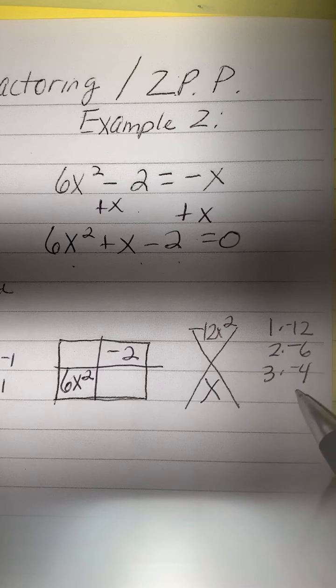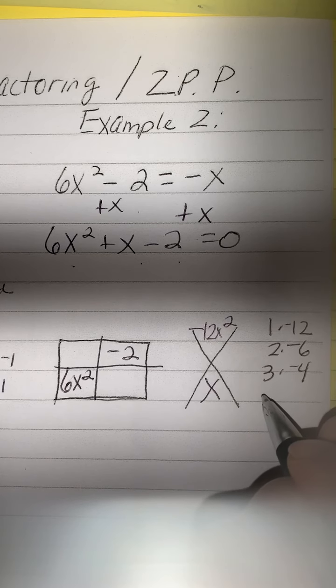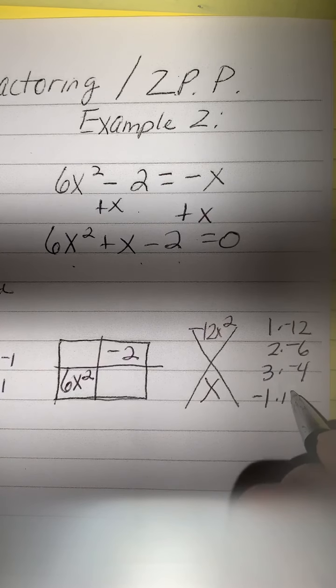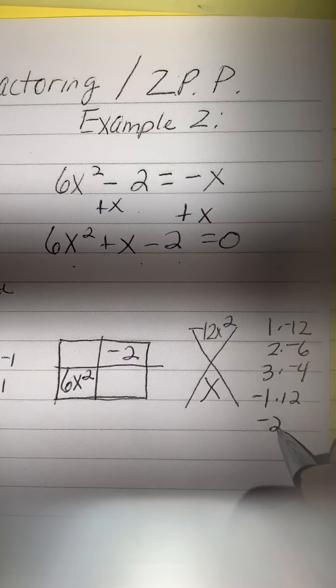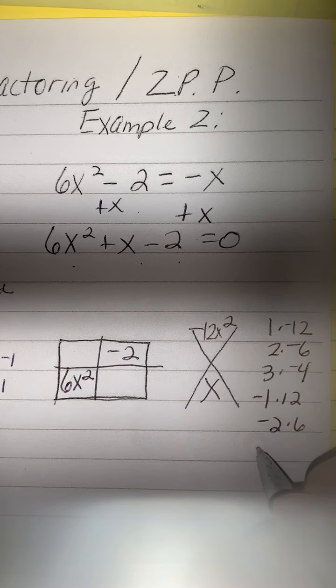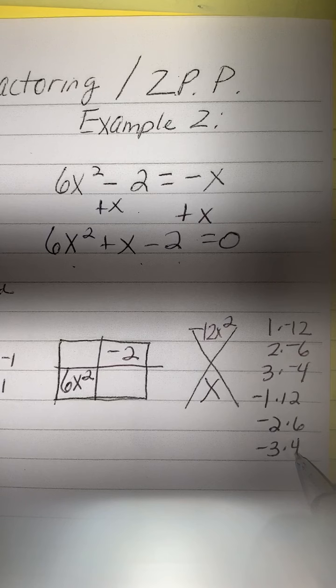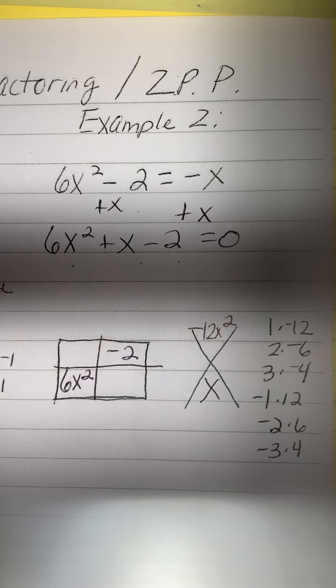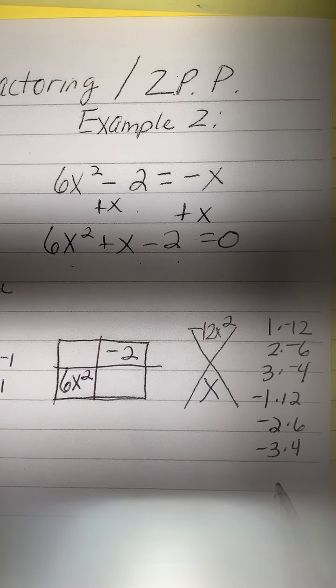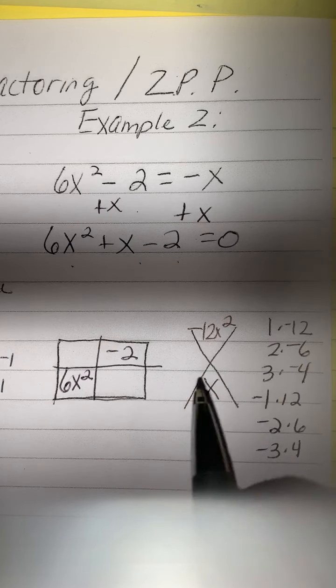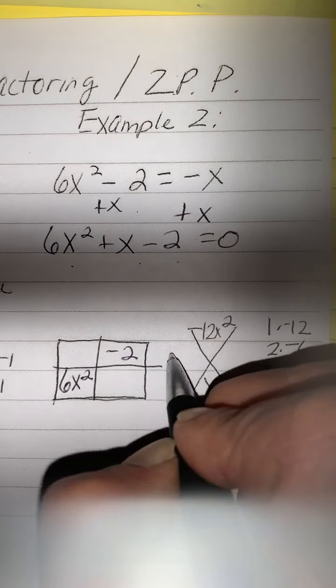None of these seem to be giving me a positive number. What if I try negative 1 times 12, negative 2 times 6, and negative 3 times 4? So you got to consider all possibilities till you find one that adds up to 1. So I'm going to go with a negative 3x and a 4x.